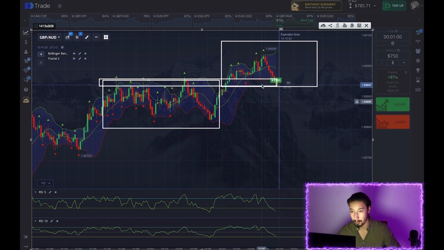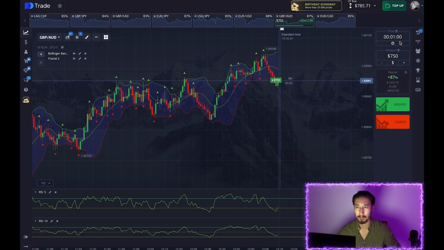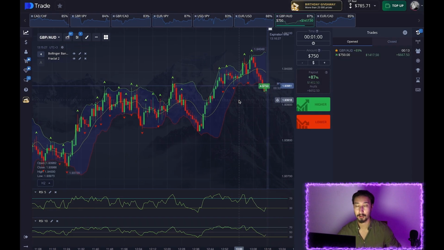Here we have a support area, right? And right here we have a resistance area. Also both moving lines of the oscillators are in the oversold area right now. I'm observing a possible reversal on the second oscillator, so in this case I also open a trade for a long. Let's watch the result.